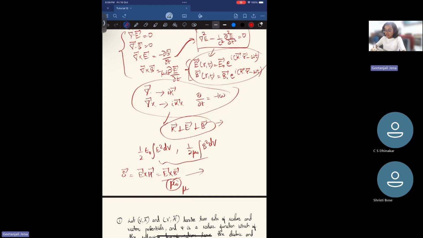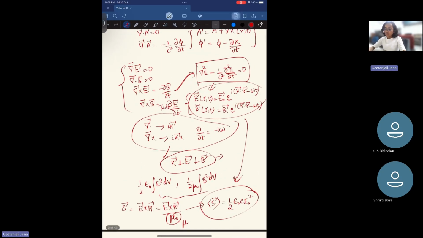Using this, you calculate the average energy flowing per unit area per unit time, and it comes out as half epsilon naught c E naught squared. This is when you put in the plane wave solution and do some mathematical simplification.